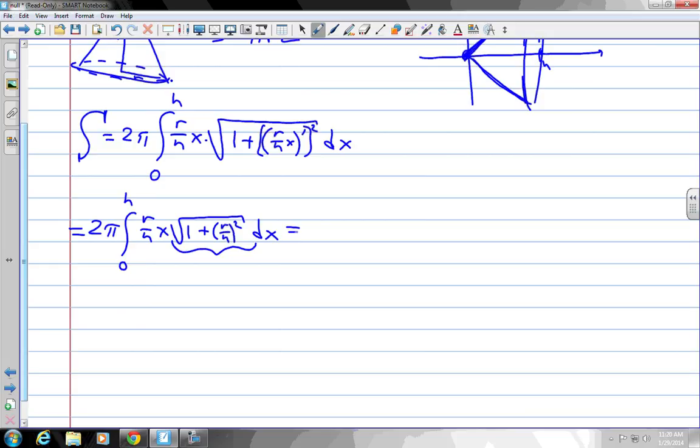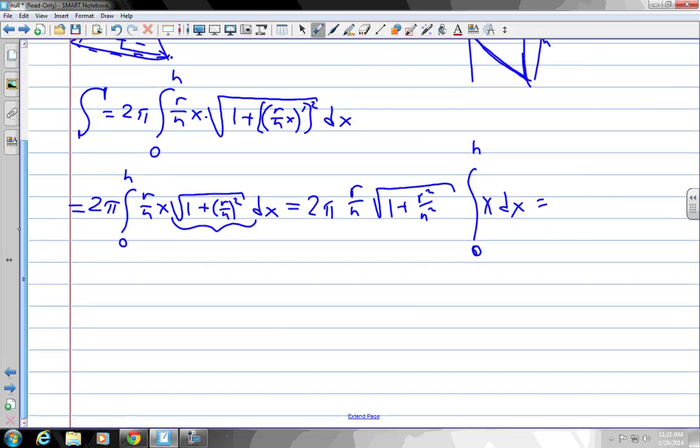So if I pull all those constants out, we get 2 pi r over h times the square root of 1 plus r squared over h squared, and then the integral from 0 to h of just x dx. Is that all right? After I take the integral, I'll get x squared over 2, so plugging in h, I'll get h squared over 2.